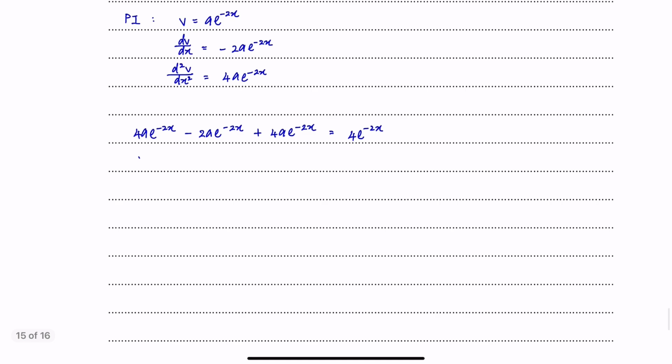So we simplify it and get 6a e to the minus 2x equals 4e to the minus 2x. a in this case would be 2/3.